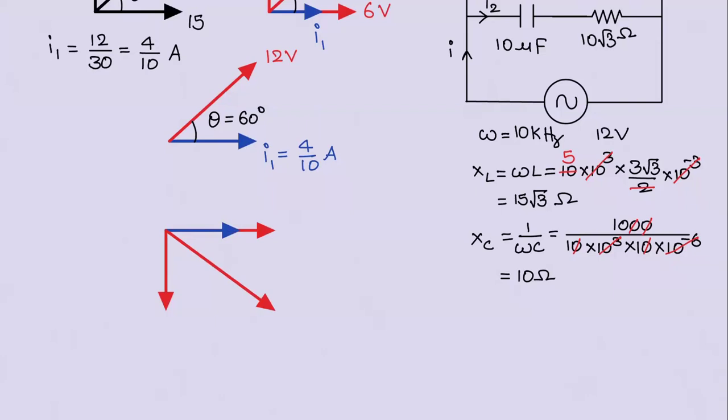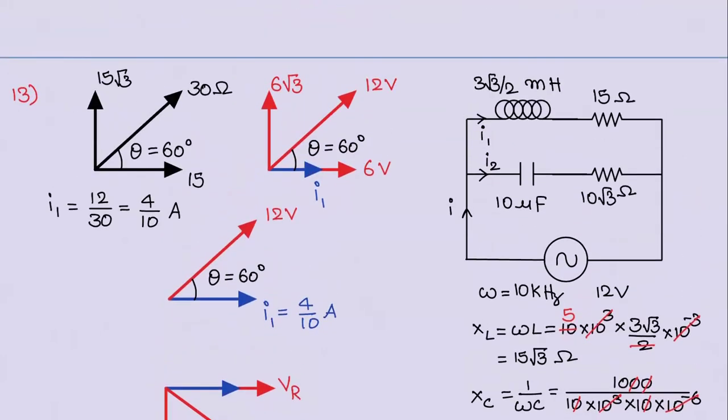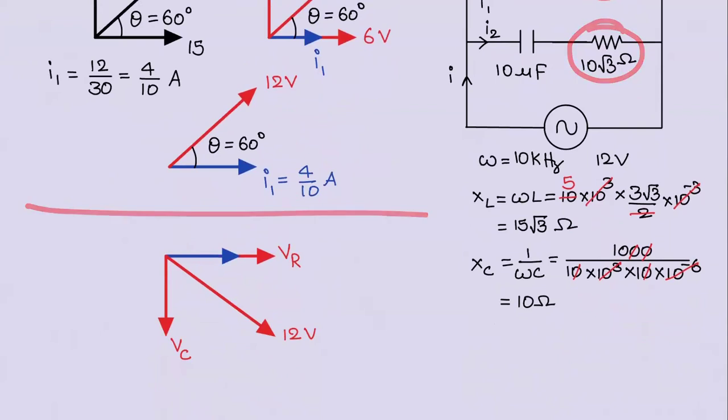So this is 12 volt, and this is VR, we don't know. This is VC. Remember, 2 different VRs are there, but I'm taking them separately, so no need to worry about that.